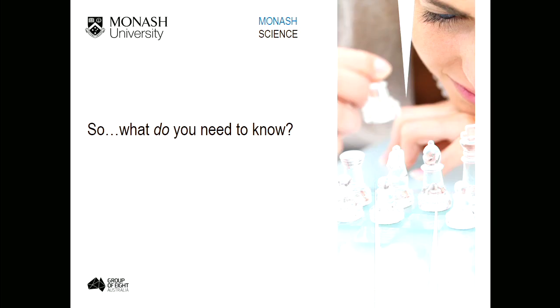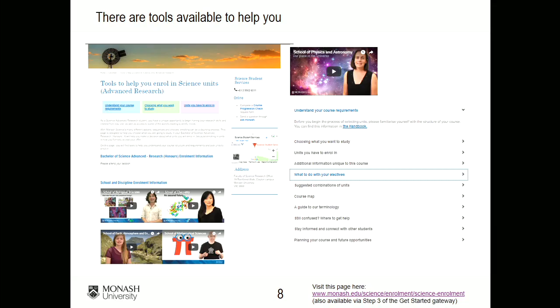So in terms of the nitty-gritty of enrolment itself, it's changed a little bit this year. I'll just go through some of the steps in terms of what you do need to know in order to get yourself enrolled. There's a number of tools available to you. You've probably already started through the Get Started gateway.